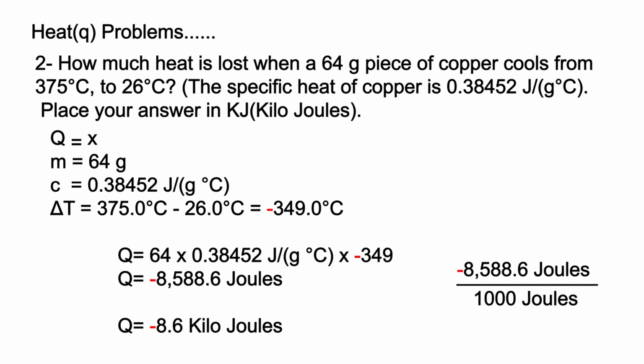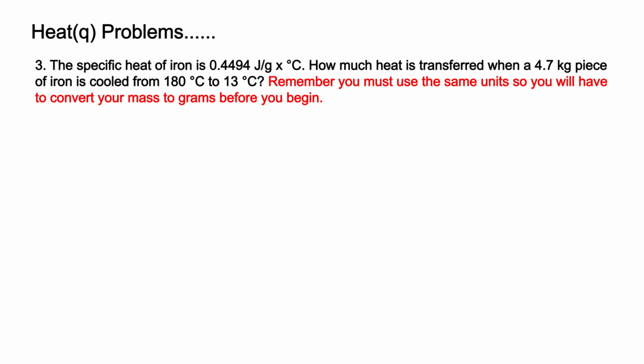Now let's do number 3. The specific heat of iron is 0.4494 joules per gram. How much heat is transferred when a 4.7 kilogram piece of iron is cooled from 180 to 13 Celsius? So here we are losing temperature too. Remember, you must use the same units, so you'll have to convert your mass to grams before you begin.